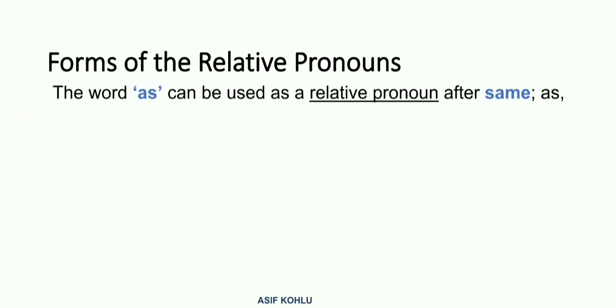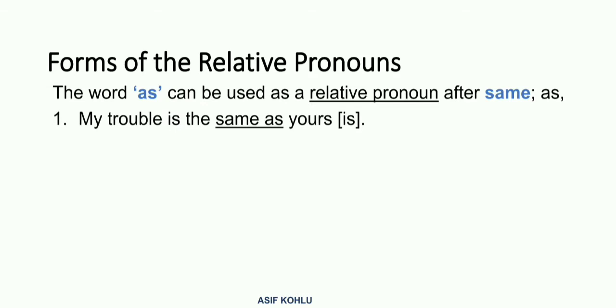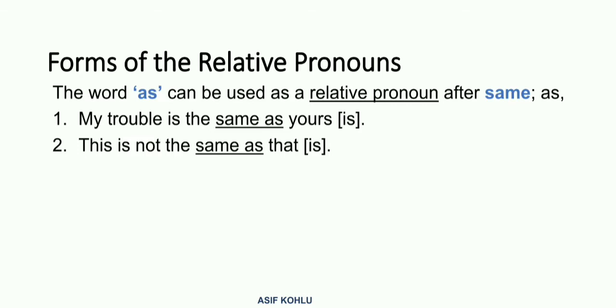Next, the word as can be used as a relative pronoun after same. Keep in mind that as can be used as a relative pronoun after the word same. How? Look at the example. My trouble is the same as yours. Here I have written "is" in parentheses, meaning the same as yours is. The second example is, this is not the same as that is.